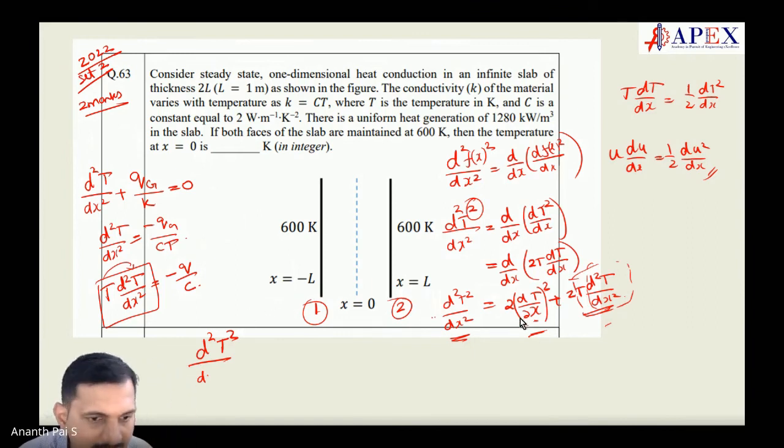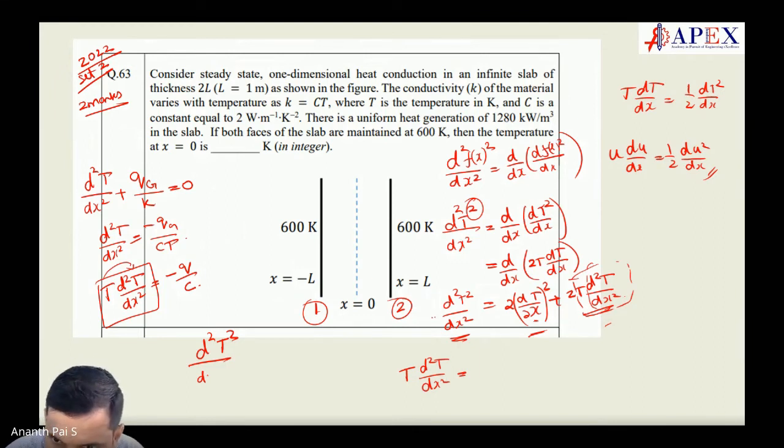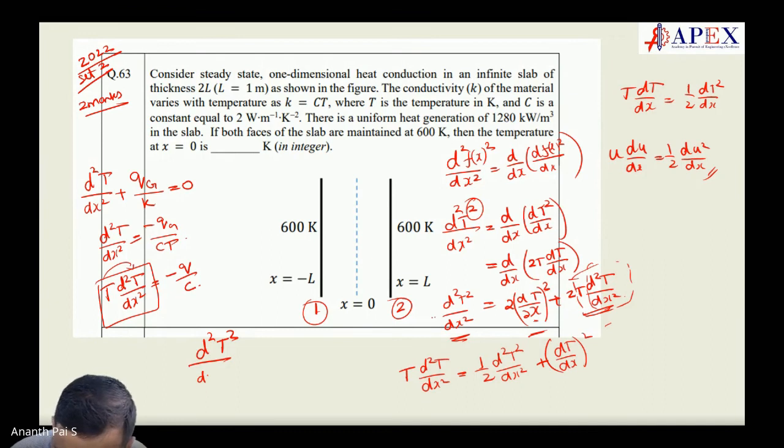See here, the question is, we have got this, is it not? So from this, we can always write. Our purpose is to get d square T by dx square. So this would be equal to, I can write, this divided by 2. So you'll get 1 by 2 d square T by dx square plus dT by dx the whole square minus this.